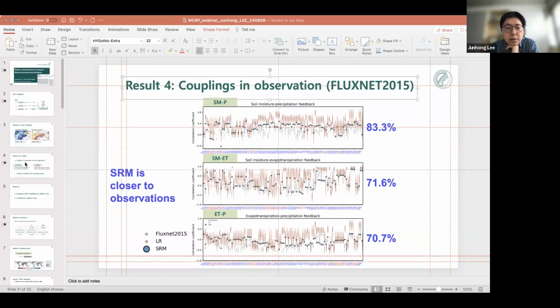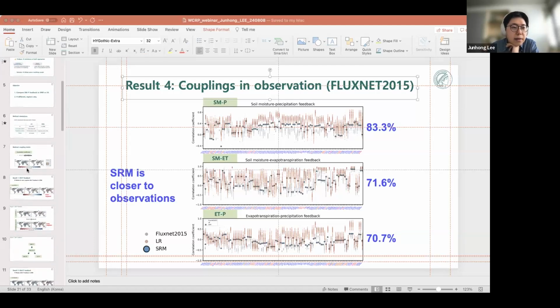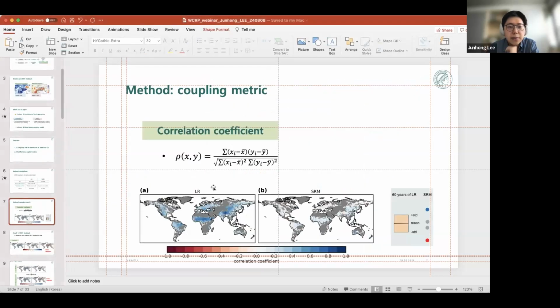So the first question is from Paul. He asked about the scale mismatch. Yes, let me explain this way. I first interpolate the data into 2-degree boxes, and then I compute the correlation coefficient.